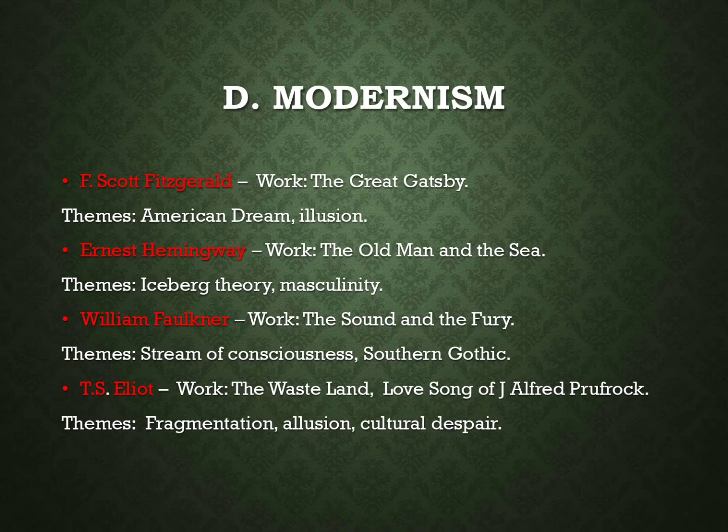Now, the fourth era, that is modernism. Modernist literature breaks away from tradition, as we have already discussed in the British literature series, and it uses experimental styles to reflect the alienation, fragmentation, and loss of faith after World War I. The first writer under this period that we are going to discuss is F. Scott Fitzgerald.